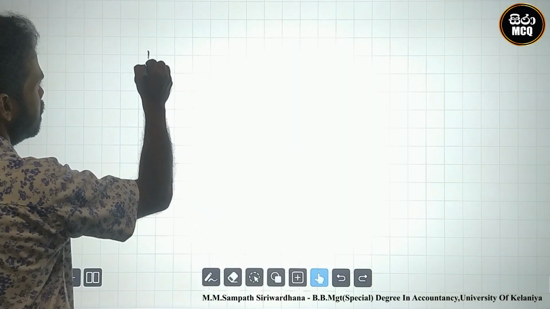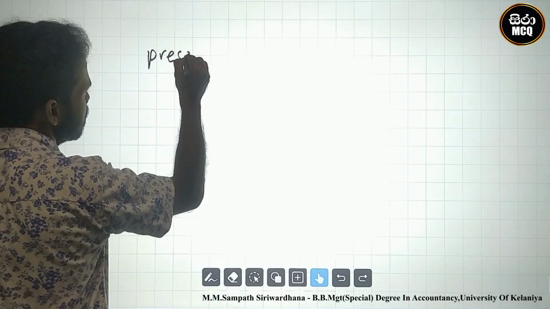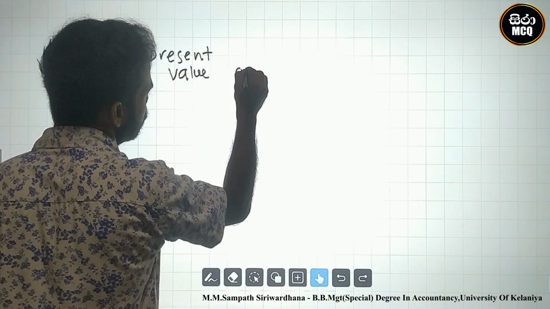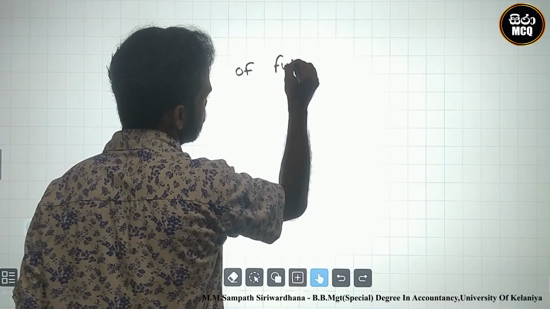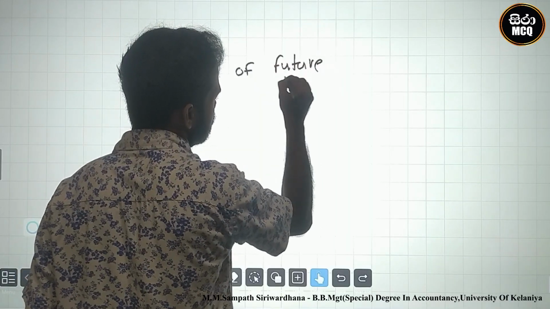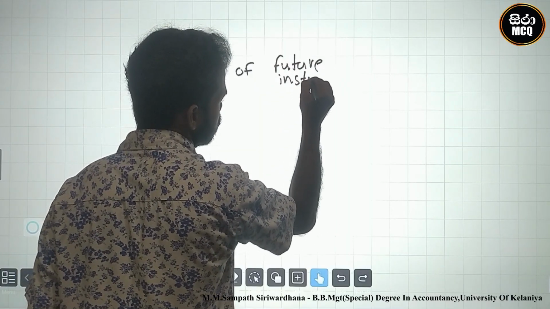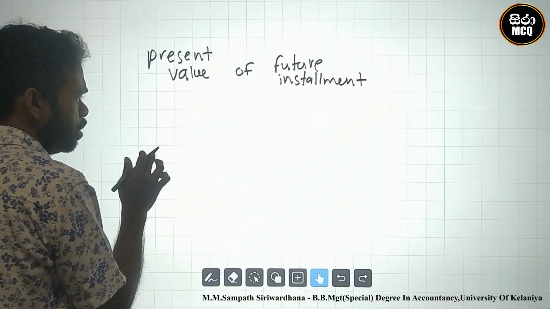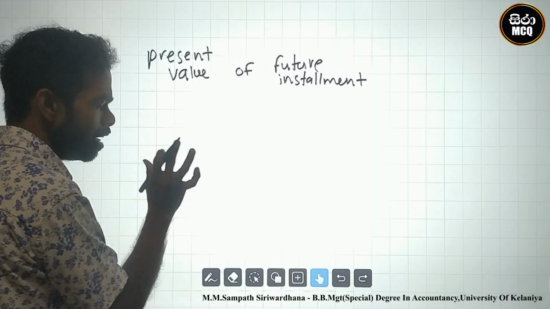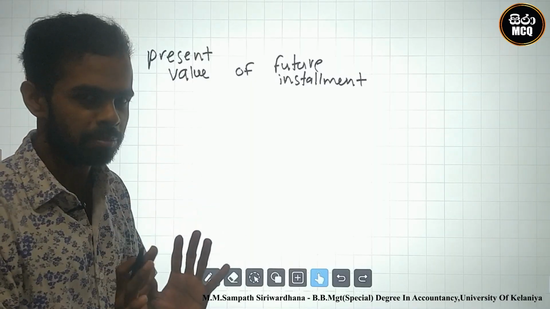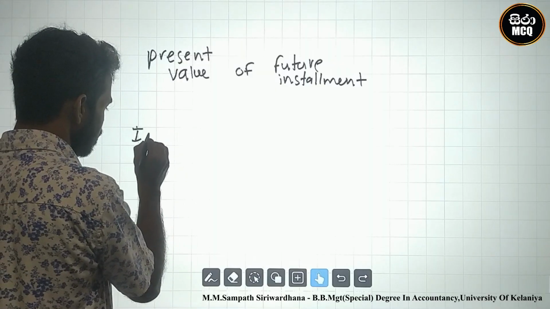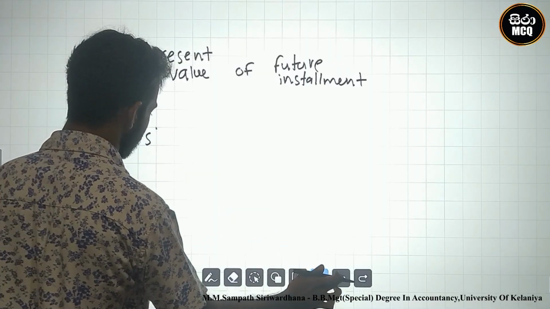Look here, what does present value mean? Present value of future installments. How can we calculate the commencement liability of the lease? Look here, what are the installments?